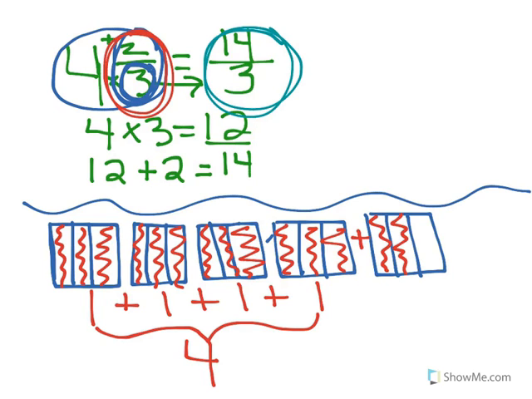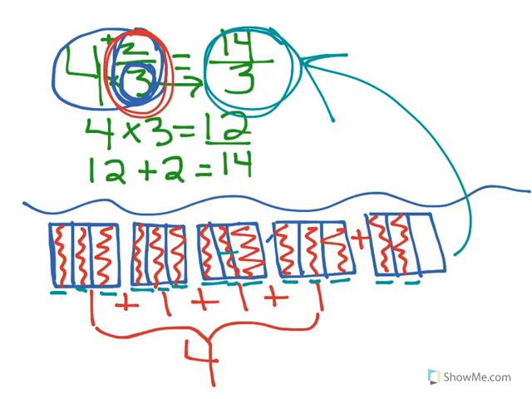Let's count them. So we have 1, 2, 3, 4, 5, 6, 7, 8, 9, 10, 11, 12, 13, 14. How cool is that? We have 14 pieces of the whole, which is the same as 14/3.